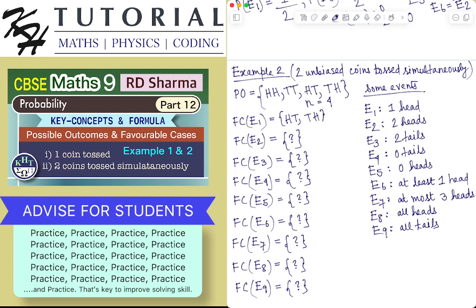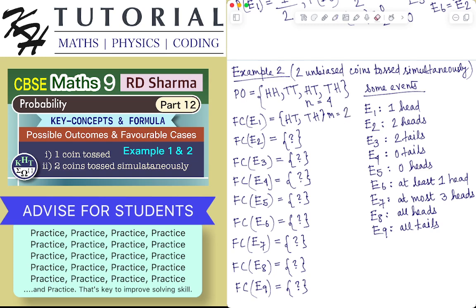These are the two possible outcomes that are satisfying the condition of the event E1, which is one head. So for the event E1, small m, that is the number of favorable cases to event E1, is 2.